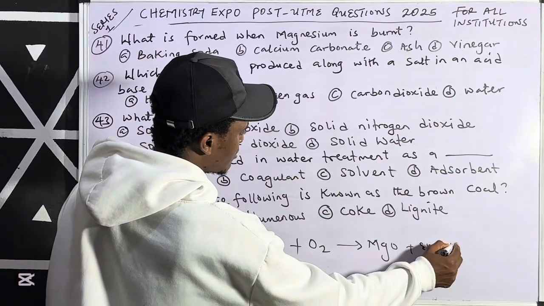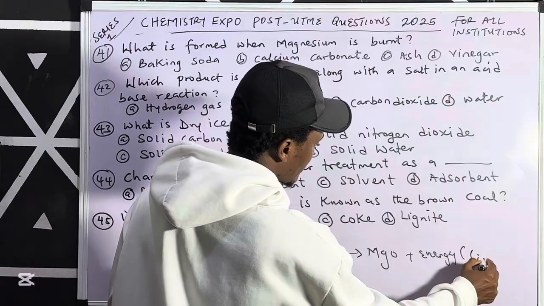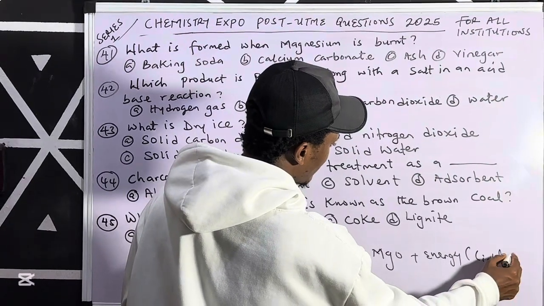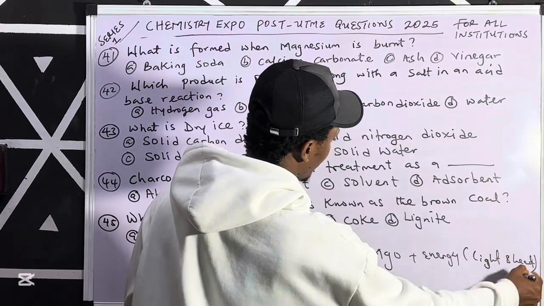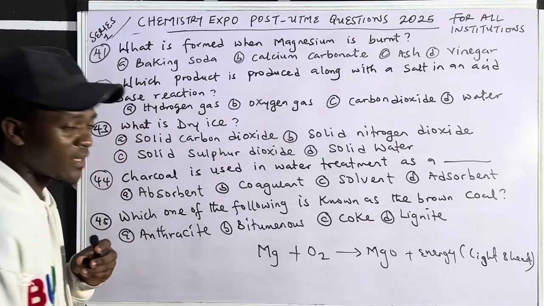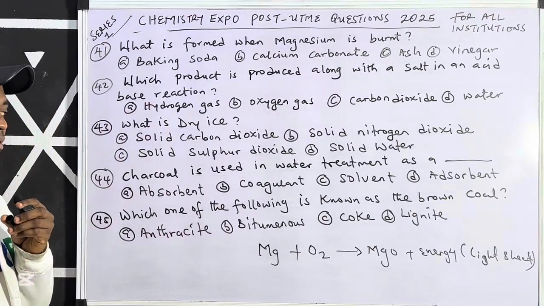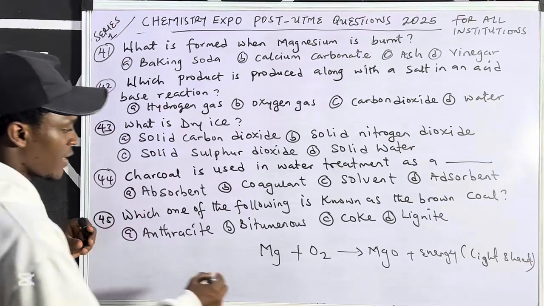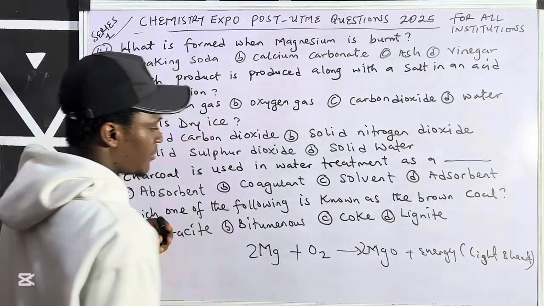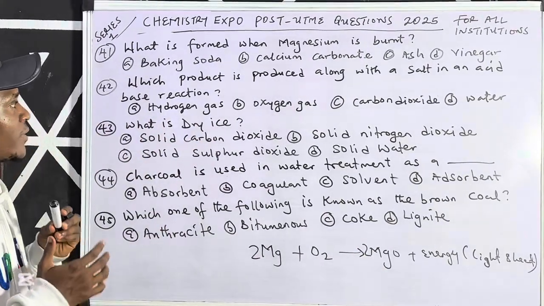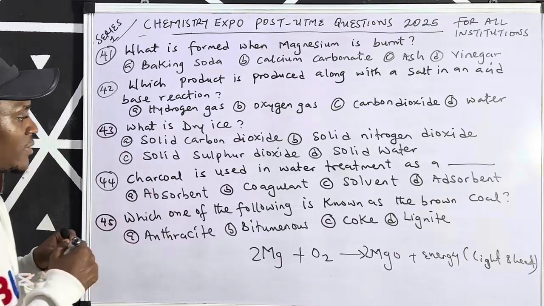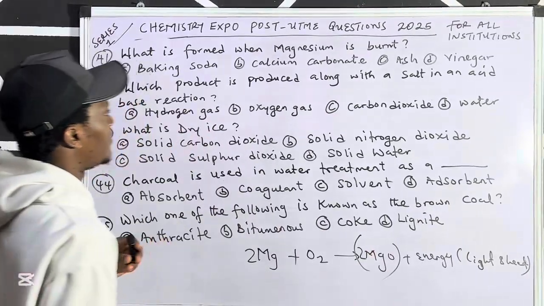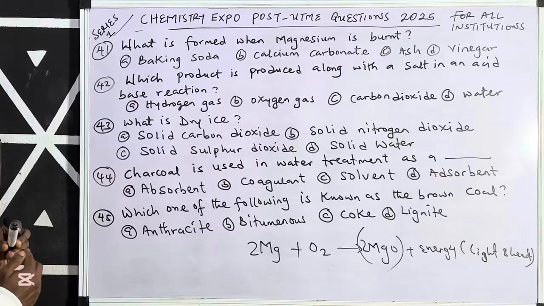The energy is usually released in the form of light energy as well as heat energy, because the reaction is highly exothermic, meaning it involves the release of heat. Now, looking at this reaction, balancing it, it ought to be written like that. They are asking what is formed. The main thing formed in the reaction is magnesium oxide.